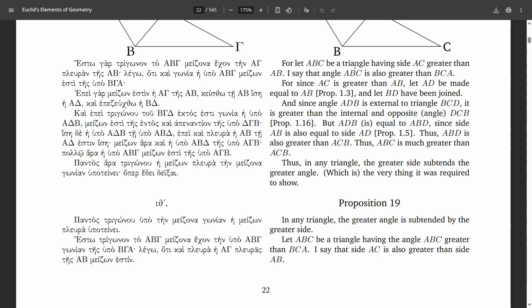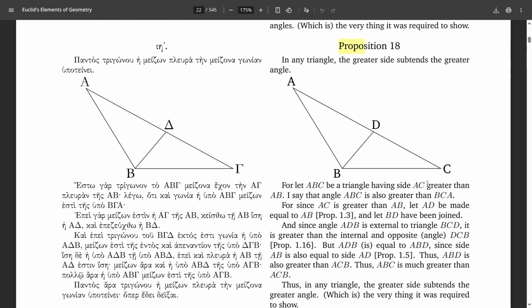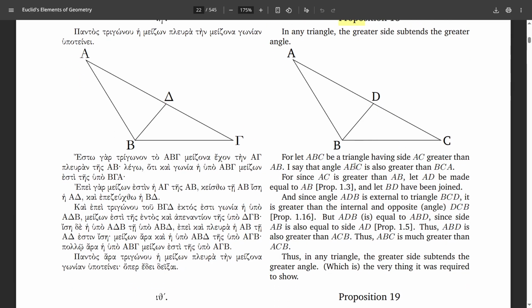Okay, so let ABC be a triangle having AC be the greatest, also greater than BCA. And ADB is external, which we know is greater than the opposite internal angle. BCD is an external and opposite angle.